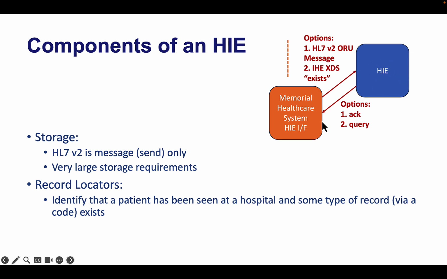So the response to an HL7 ORU message is just an ACK saying I got the message. If you need the information identified in the record locator, you're going to query this system and actually pull the information back to the HIE. The first option is much faster, but perhaps more risky. The second option is going to impede performance, but perhaps it's more secure. HIE storage can get to be fairly massive, especially depending on how many healthcare systems are part of the HIE.